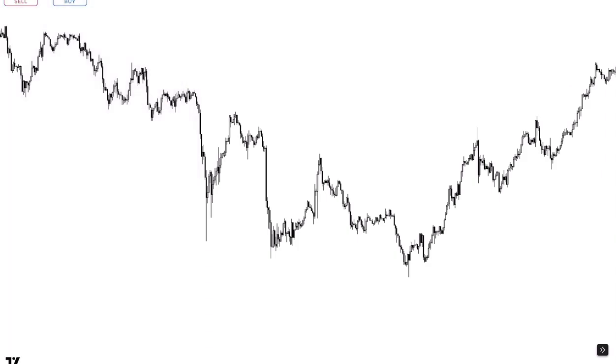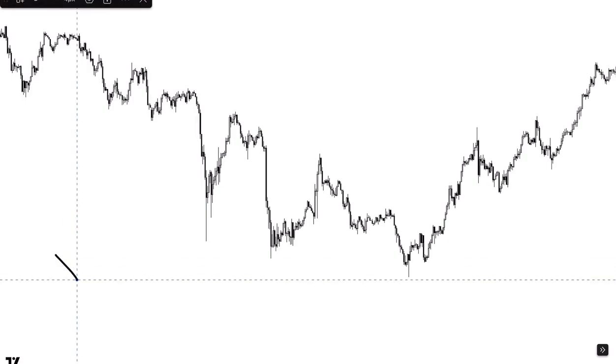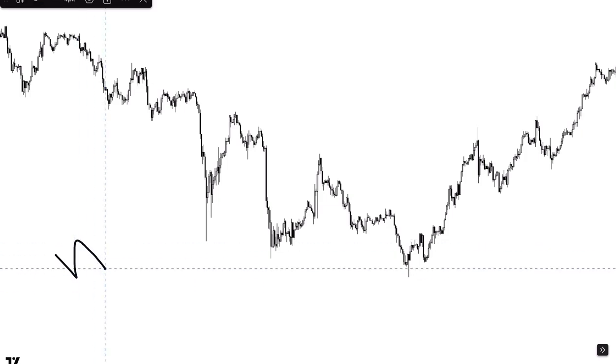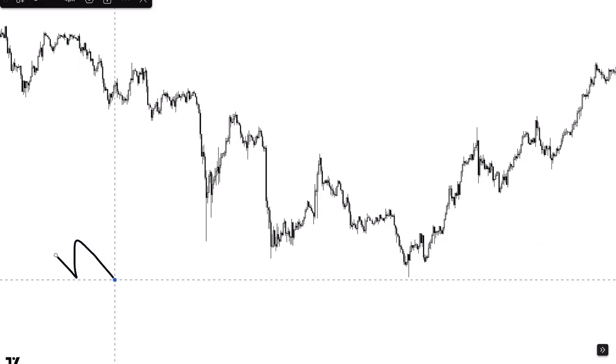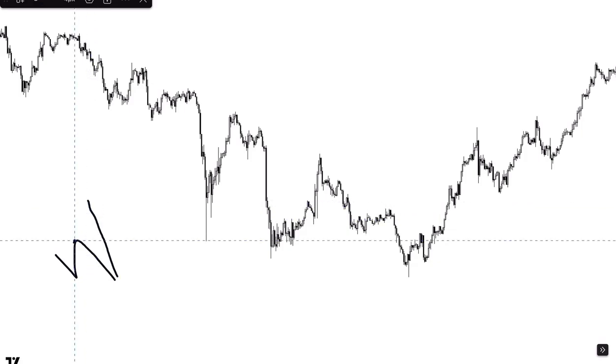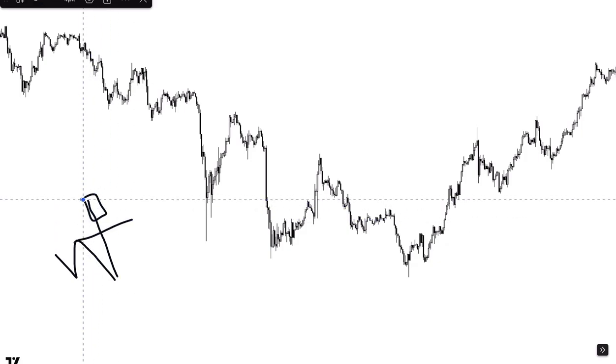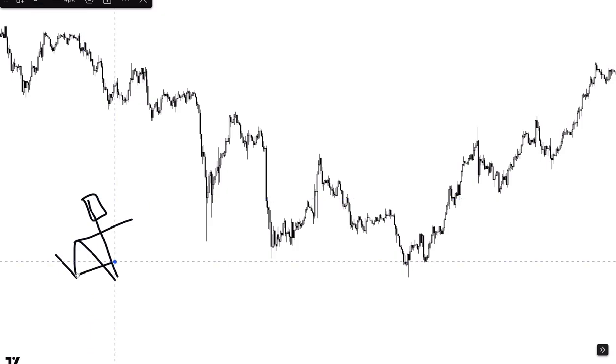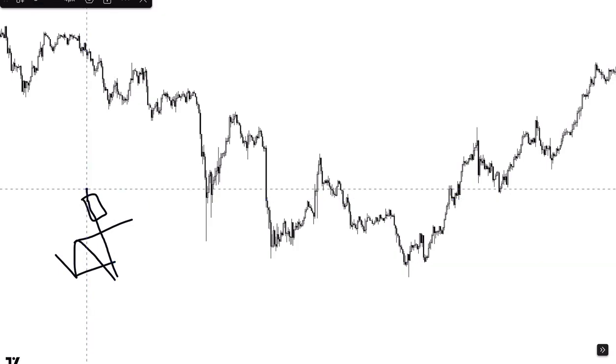Next up you have the true market structure shift. You're looking for a low, and then a high, and then a lower low. So the high broke the low, and then they break above the high that broke the low. As soon as they close above this convincingly, then that is a valid, true market structure shift.